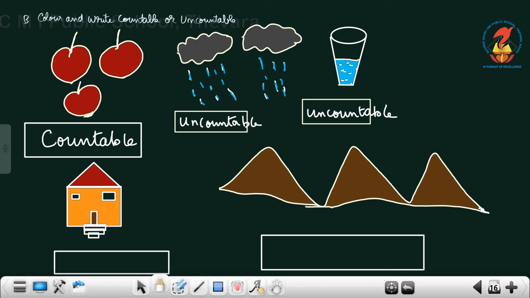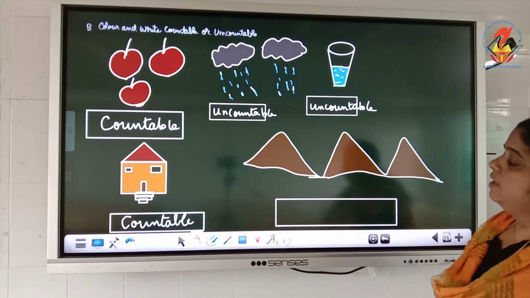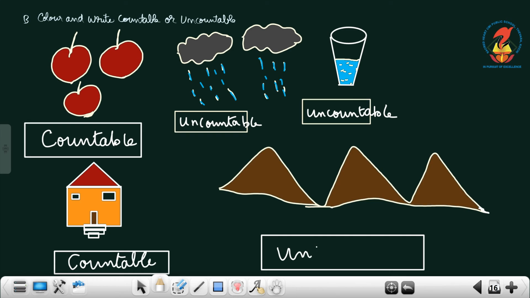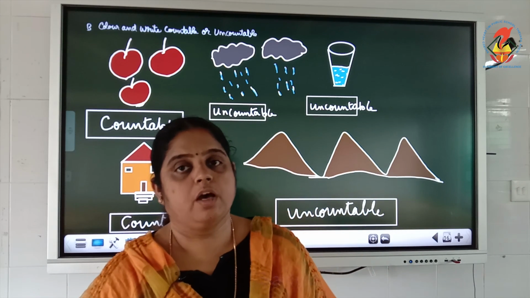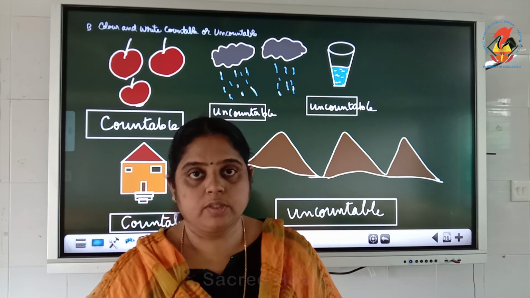Yes, countable noun. What about a mountain? It's uncountable. So, that's it regarding the countable and uncountable nouns. I hope all of you understood this.